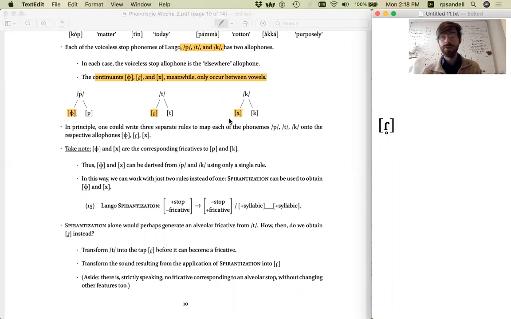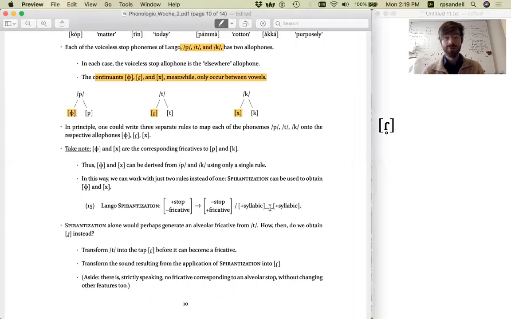So we could easily derive those fricatives using only a single phonological rule. We can call this rule spirantization, since we're transforming a stop into a fricative, and the rule states that a stop becomes a fricative when it occurs between two vowels.